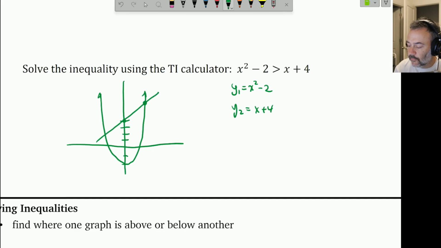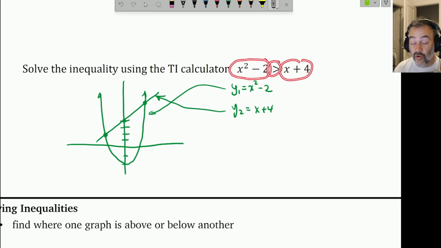And we're going to look for those intersection points. y1 is the parabola. And since we want everywhere where the parabola is greater than the line, we're going to look for all parts of the graph that are above the line.